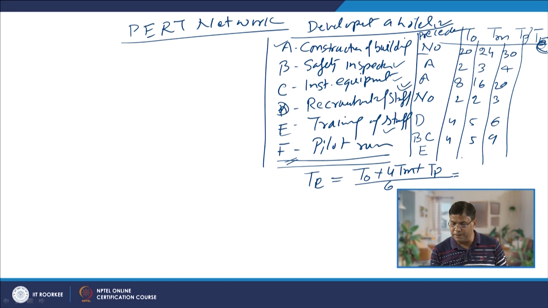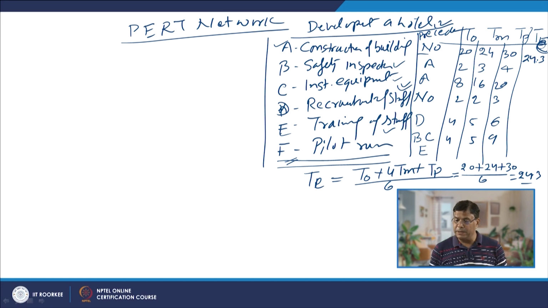Say if we put the optimistic time for the first activity as 20, the most likely time as 24, and the pessimistic time as 30, divided by 6, this time comes to 24.3. So, we will write that the expected time for the construction of the building is 24.3.